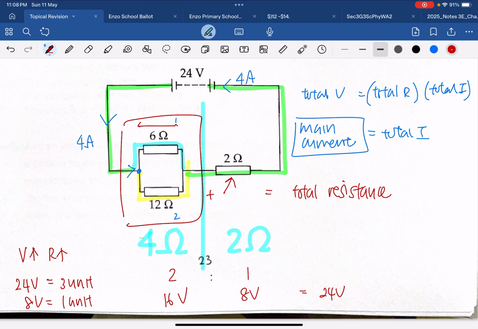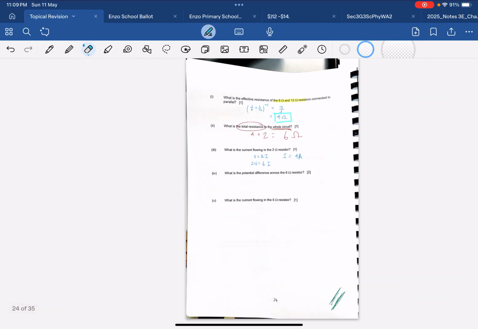So over here is 16 volts, and over here also has to be 16 volts. This is in fact an easier method compared to using my current, splitting like that and then multiplying by the resistance. So the answer should be 16 volts.